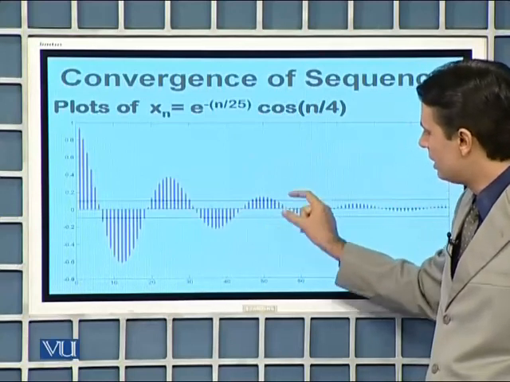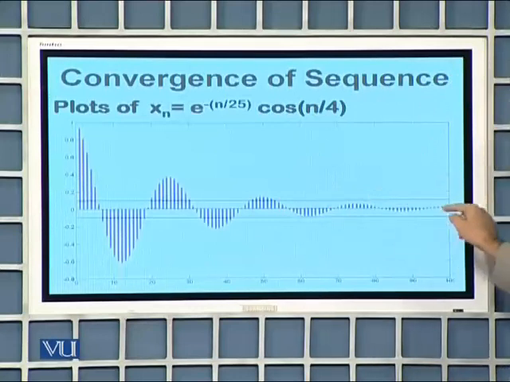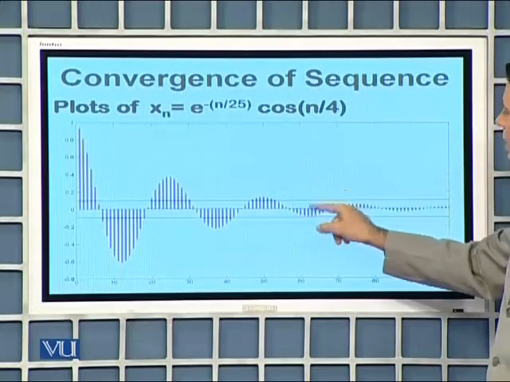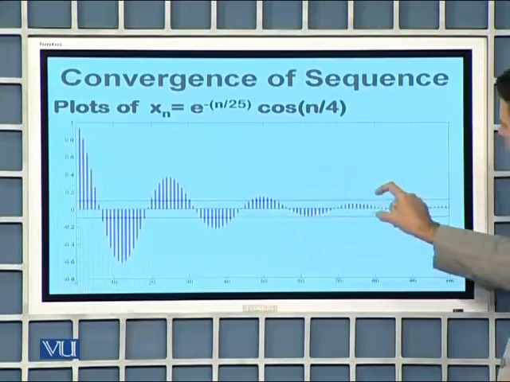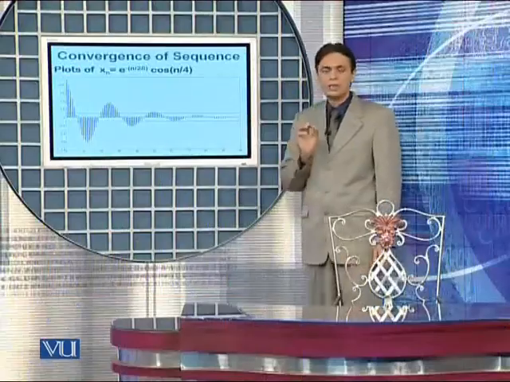So after this index, the sequence still behaves in an oscillating manner, but the amplitudes of those oscillations are decreasing, and after this index, the sequence remains within 0.1 of the final destination value of 0.